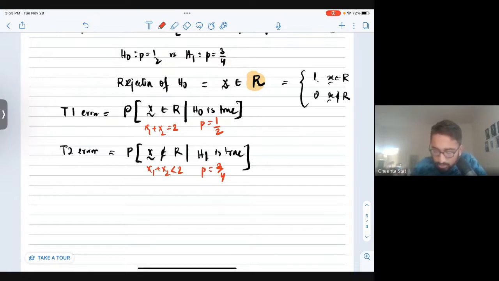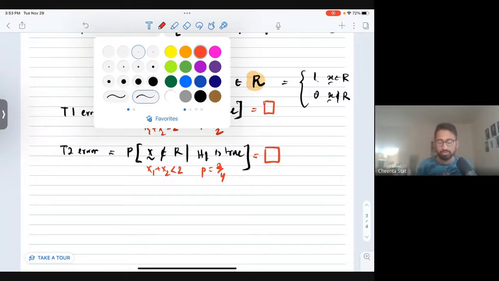So we calculate these two things, and this will come out in terms of certain numbers.